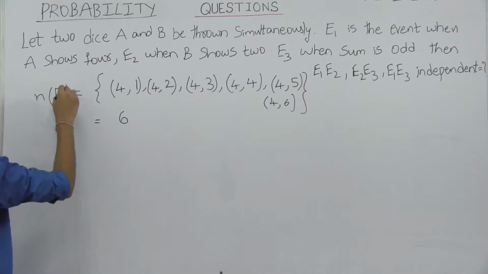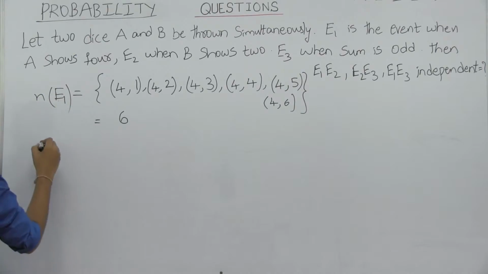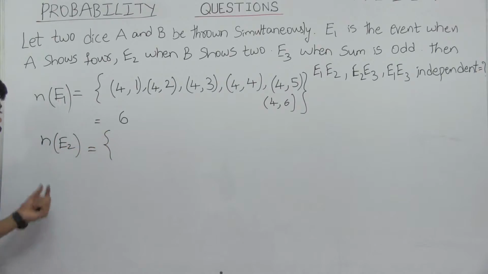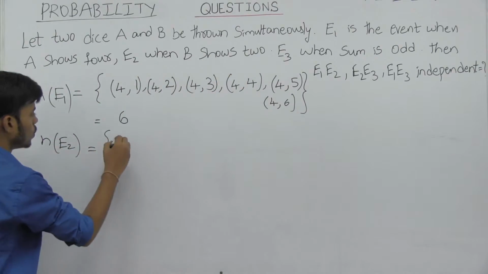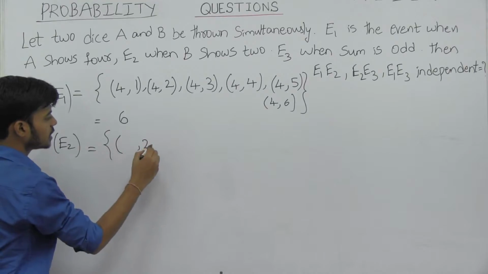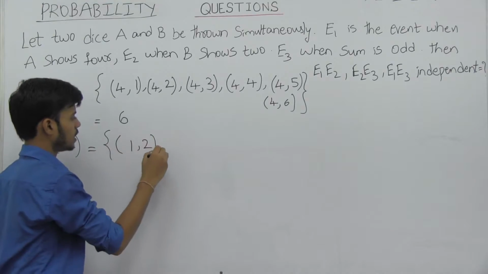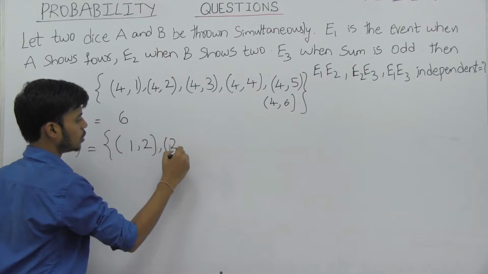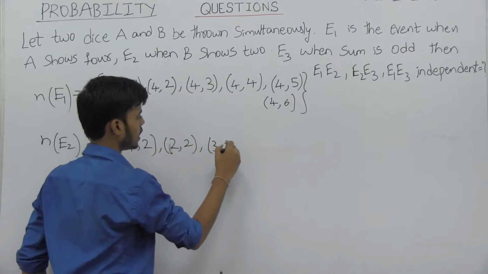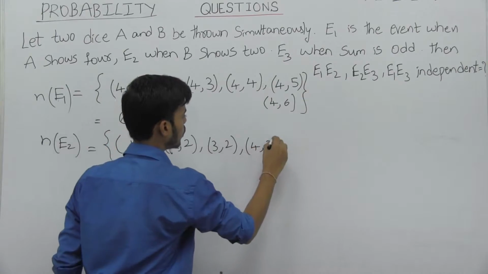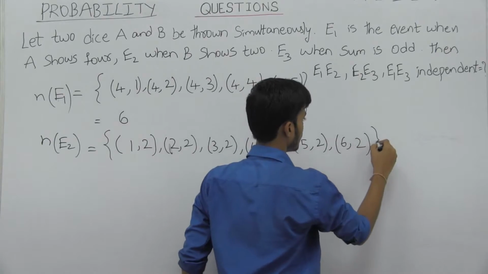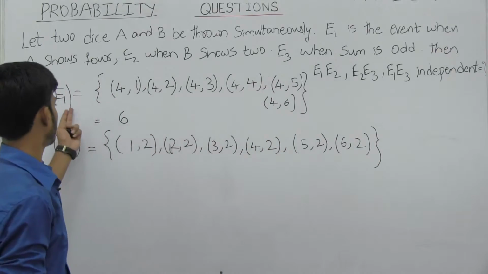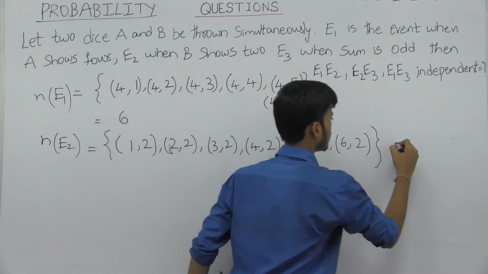The number of ways in which event 2 can occur, event 2 being B shows 2: 2 is fixed on B and A can have 1, 2, 3, 4, 5 and 6. So just like event 1, event 2 also has 6 chances.